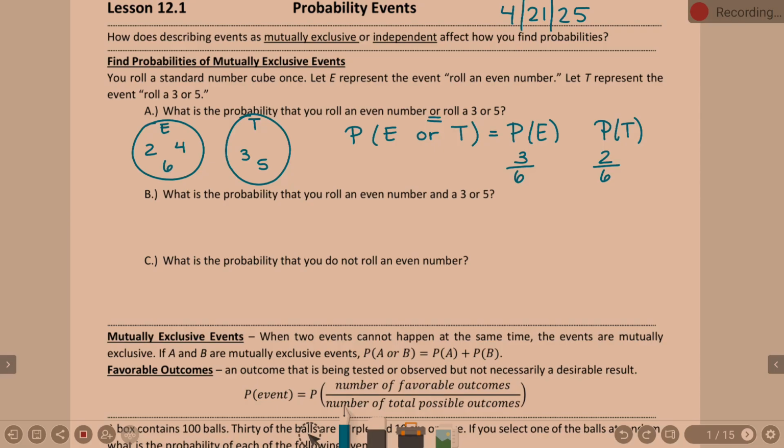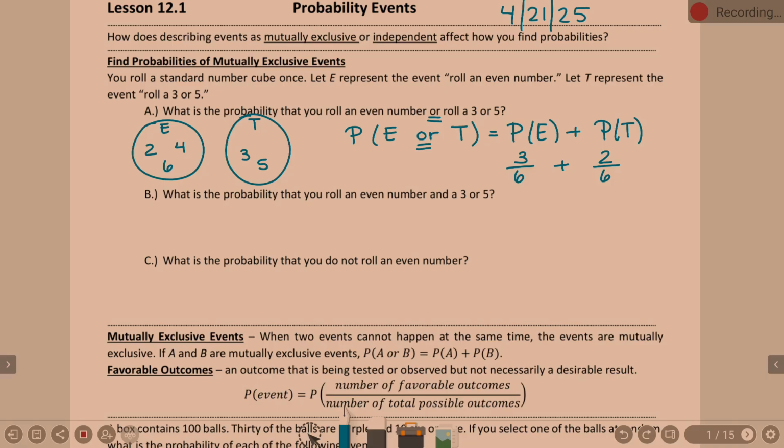What do we do with these? We're going to add them, okay? Here's a hint: I can't use the word all, but the majority of the time when you see the word or, it's going to turn into an adding event. These are mutually exclusive events, events that cannot happen at the same time.